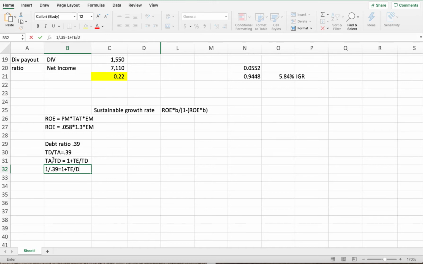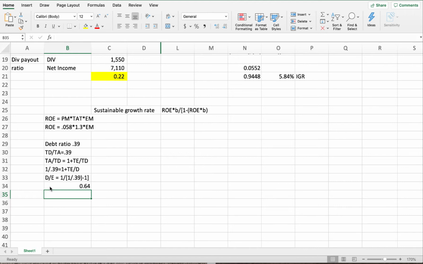Okay, so we're just subbing in the second line here. Okay, so if we subtract 1 from both sides, we end up getting DE equals 1 divided by 0.39, close parentheses, minus 1. Okay? So basically, we run the numbers, we end up getting 0.64.